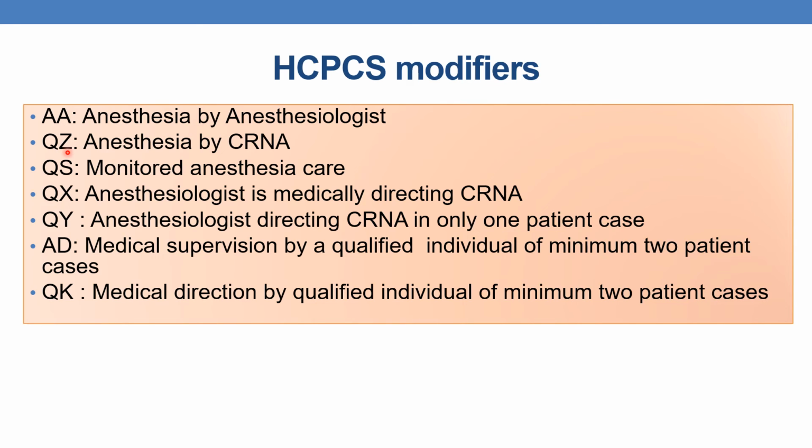That is a general modifier. Now this is HCPCS modifier. Next is QZ. Anesthesia by CRNA. Whenever anesthesia is administered by CRNA, you give QZ. Anesthesia is administered by anesthesiologist, AA. Anesthesia is administered by CRNA, QZ.